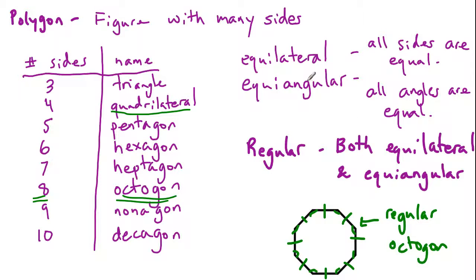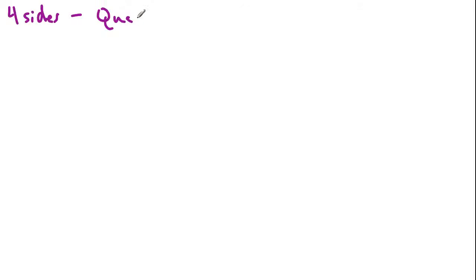For a second here, I want to focus in on quadrilaterals. There's some specific types of quadrilaterals that you need to know about. Okay, so this is kind of the second half. Okay, so this next part's going to be all about different types of quadrilaterals. Okay, so four sides is a quadrilateral. Okay, and so, like I said, some specific quadrilaterals.